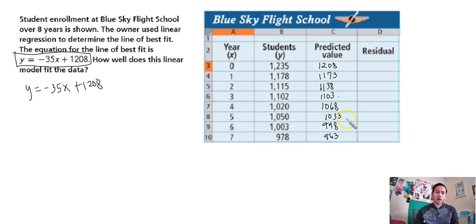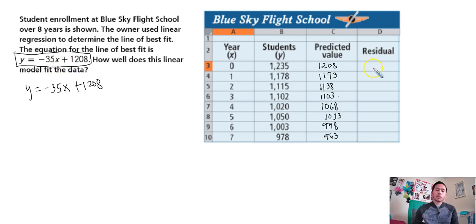If I plug in 5, it gives me 1033. If I plug in 6, it gives me 998, and if I plug in 7 for the 7th year, it gives me 963. As you can see, we compare the student y with the predicted value, which is the exact value based on the equation given there.